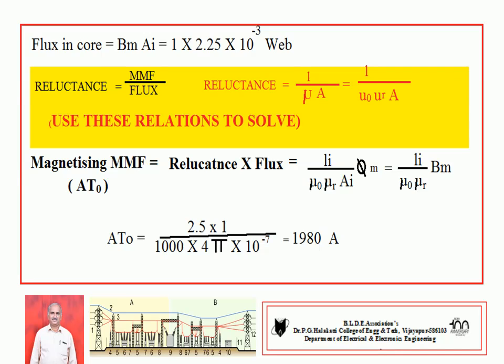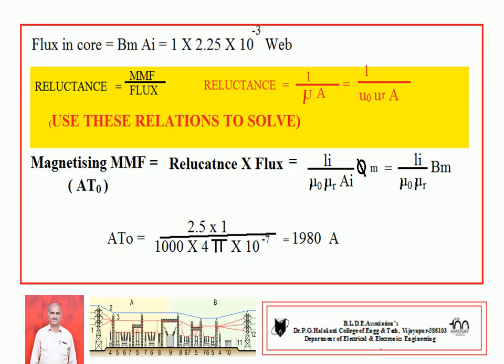So total magnetizing MMF AT naught equal to reluctance into flux. Reluctance value you substitute from the top expression, Li length of iron, Ai area of iron. Here core is not given, yoke is not given, sum of that is used: iron, length of iron, area of iron.